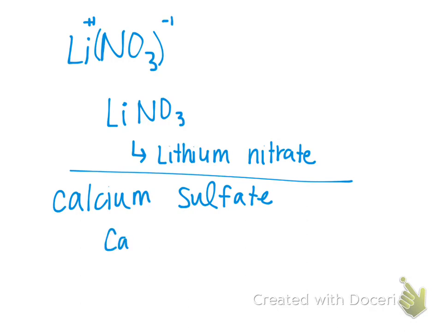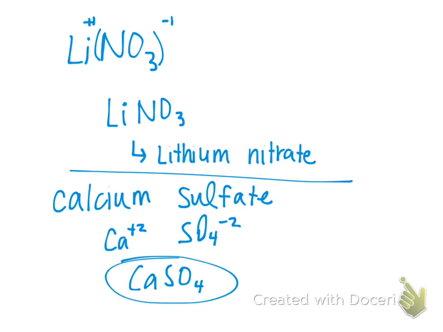Calcium is a +2. Sulfate is SO4 -2. So what does the ratio need to be when these combine? 1-to-1, right? So our final answer can be CaSO4. If you have a 2 and a 2, they reduce, okay? And so we get rid of those. So CaSO4 is our final answer there.